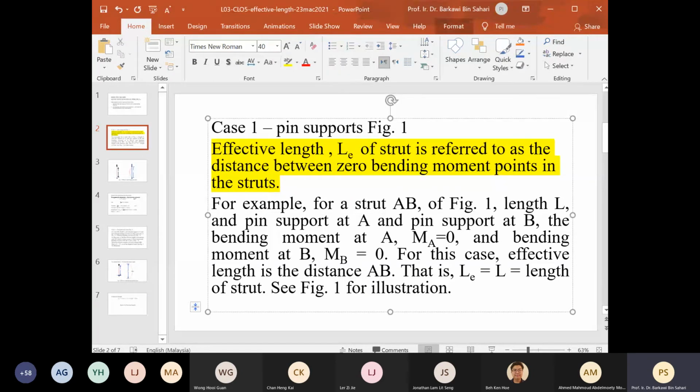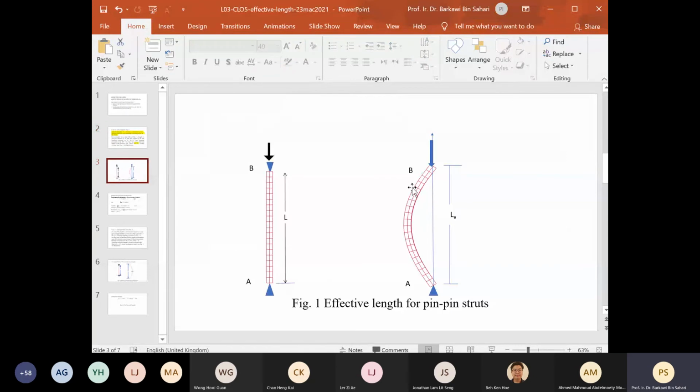All right. For example, this is the definition there. Zero bending moment point for strut AB, for case 1, pin support. So it is the distance between the two ends, so LE will become equal to the length of the column. And this is what we see from the simulation just now.